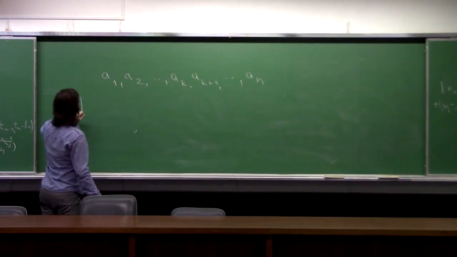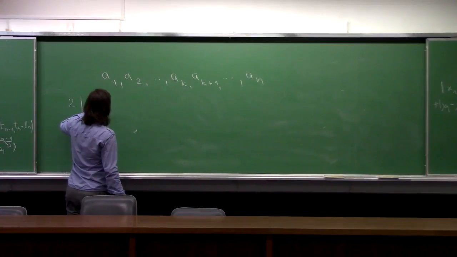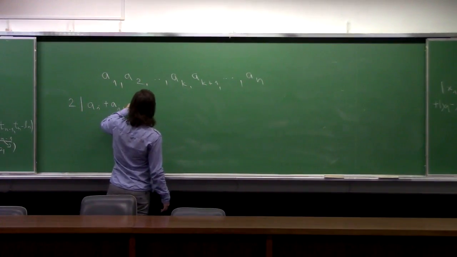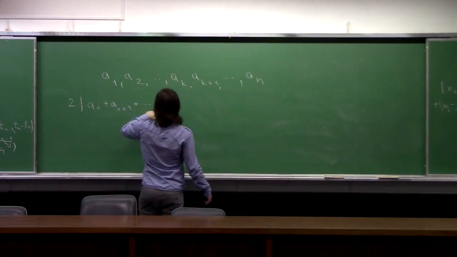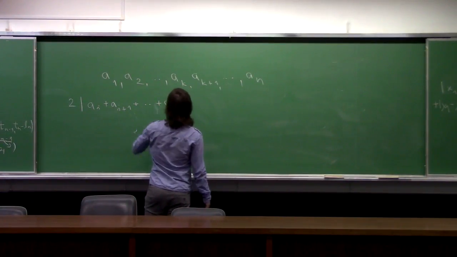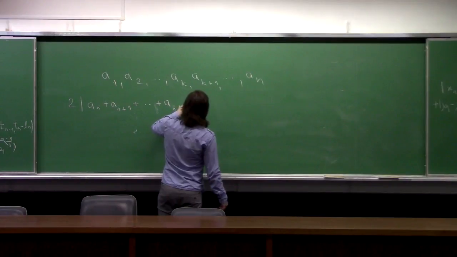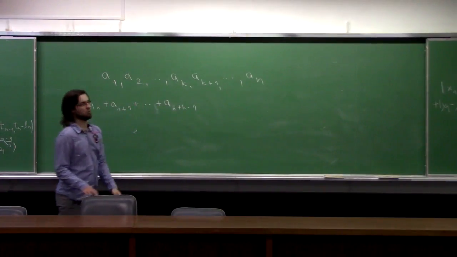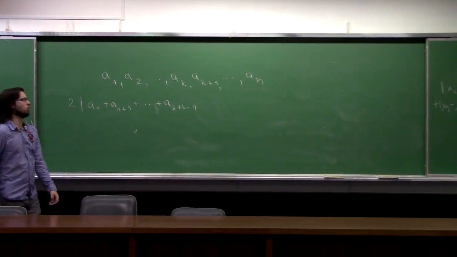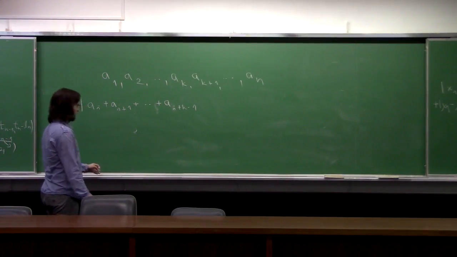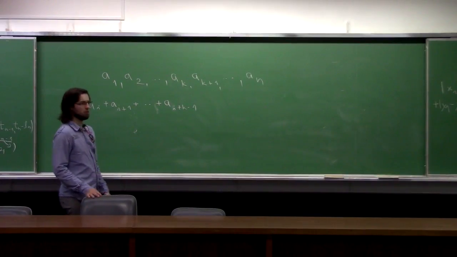So 2 divides A_i plus A_{i+1} plus and so on plus A_{i+k-1} for each possible i, so for each i from 1 to n minus k plus 1.